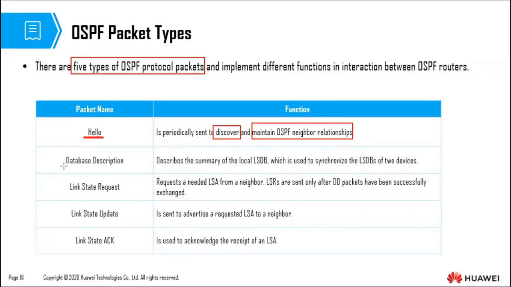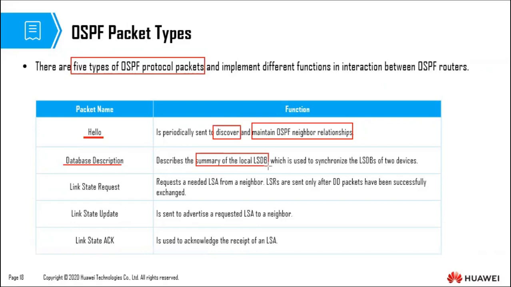The other one is called the DD. Please don't forget this one. The DD is used to describe the summary of the local LSDB. By local LSDB, it means we already have our own link state database where we've saved details about our own interfaces.